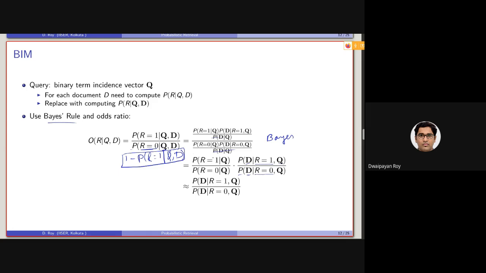Now, can you say why I am cancelling this part? Anyone? Please try. Because there is no document factor here. Our ultimate target is to produce a ranking. If we simply exclude them, the overall score will be different, but the ranking will remain the same for all the documents, right? So that's why that is excluded.